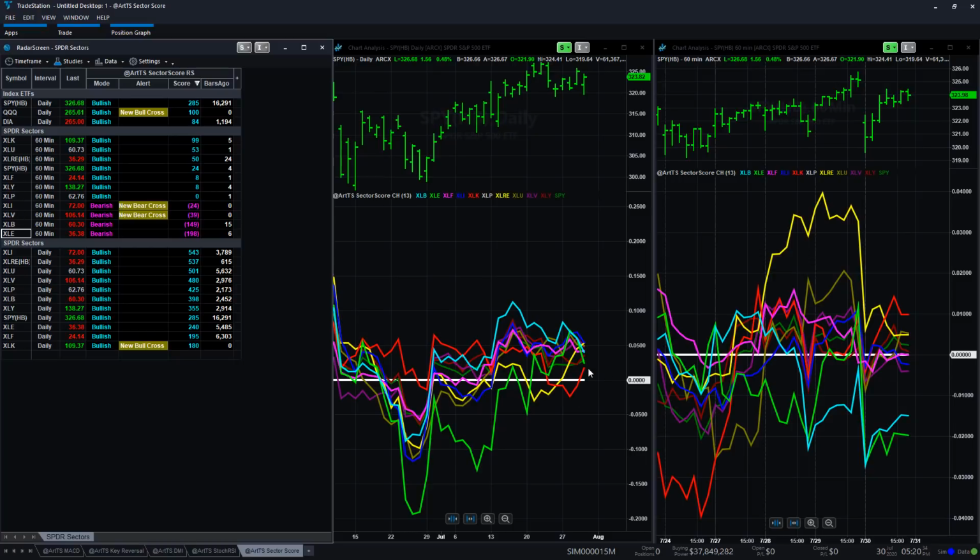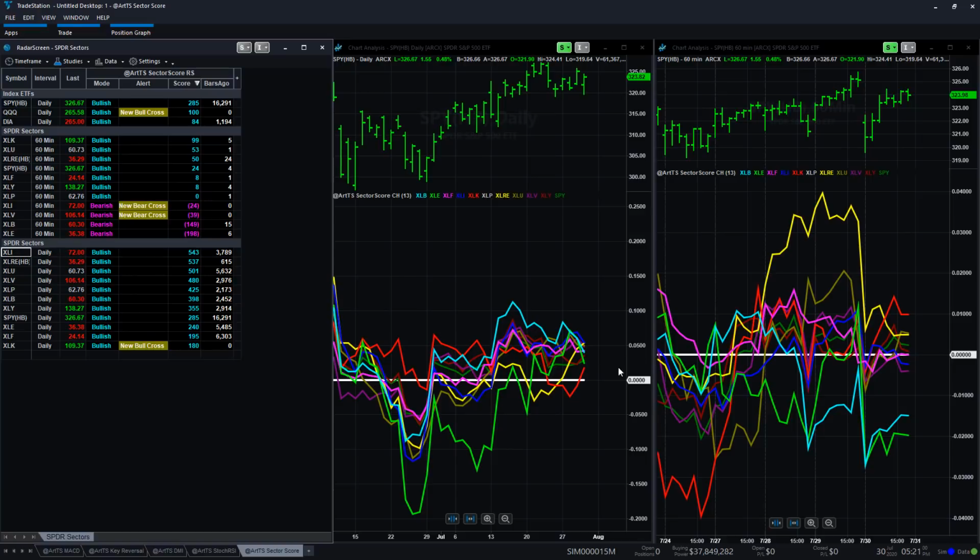So we can see it just crossed above 0. It did that 6 bars ago, and so we can see that. No, I'm sorry. Here it crossed above 0 today. Oh my goodness! So I missed that completely. So here that new bullish cross occurred today, and there you can see it crossing above 0 today. The strongest spider sector on the daily is the XLI.